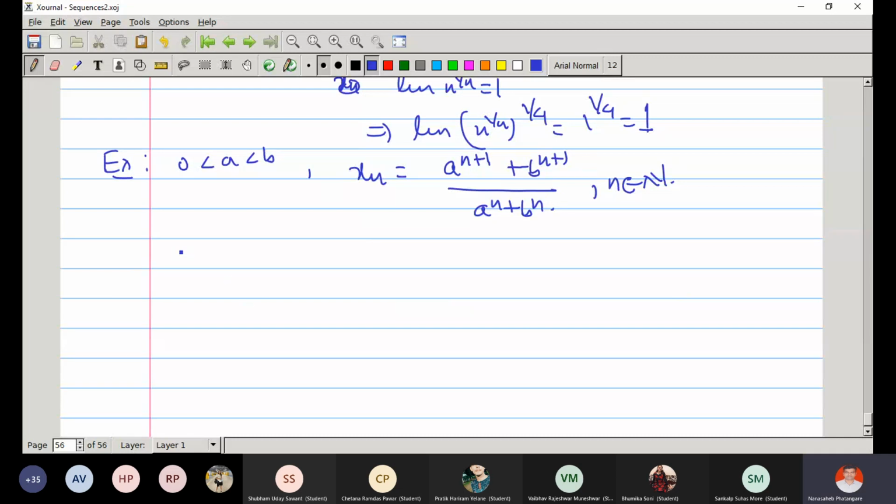Okay, first of all, let us consider a particular case. This is a general problem actually, but okay, let yn be equal to 3 raised to n plus 1 plus 5 raised to n plus 1 upon 3 raised to n plus 5 raised to n. What is the limit of this sequence? Do you understand?